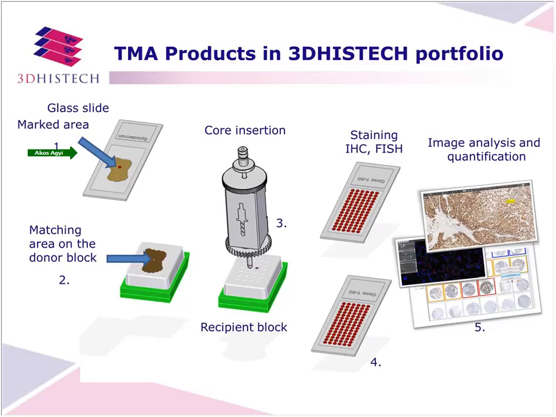Then the pathologist should find the same area on the donor block. After this, the tissue core could be extracted from the donor block and can be inserted to the recipient block. In the end, you will have a full TMA block with carefully selected tissue samples.